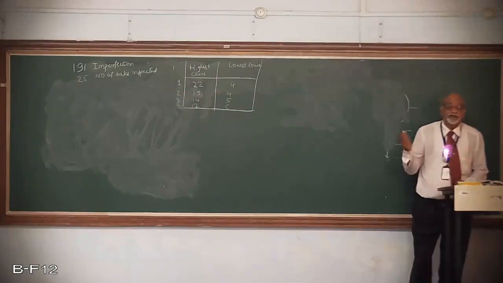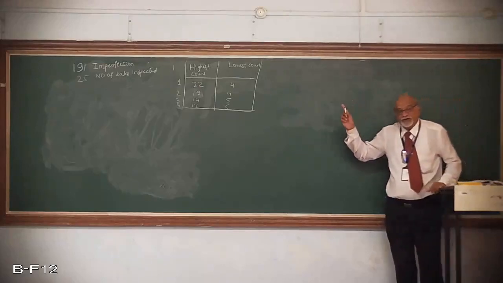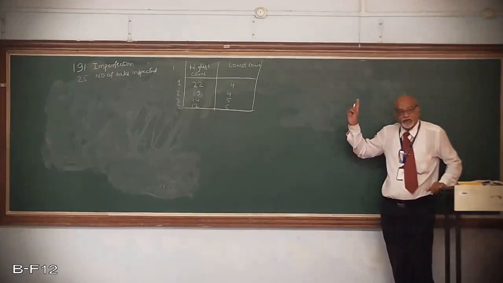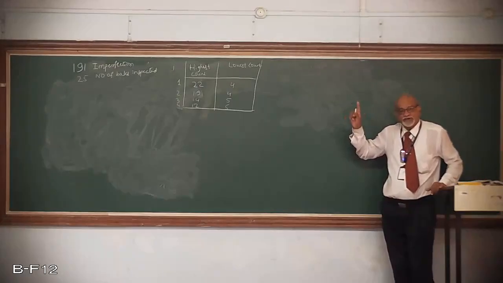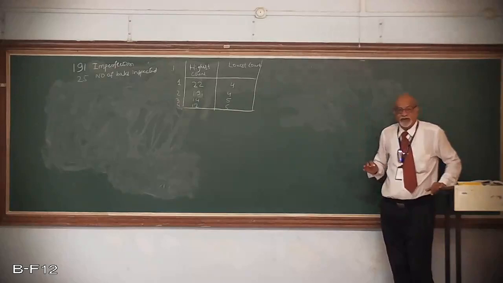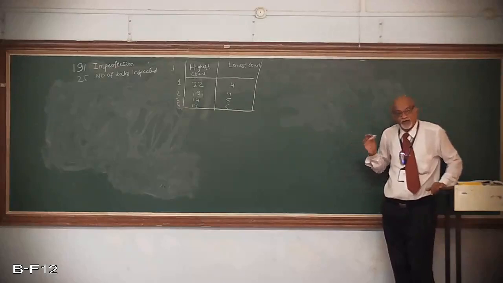Okay, so this gives us a clue. First he says we have to find out the 3 sigma control limit. That means C bar plus or minus 3 root C bar is to be found out. The plus one will become the upper control limit and the minus will become the lower control limit. In any case, we need to find out C bar.